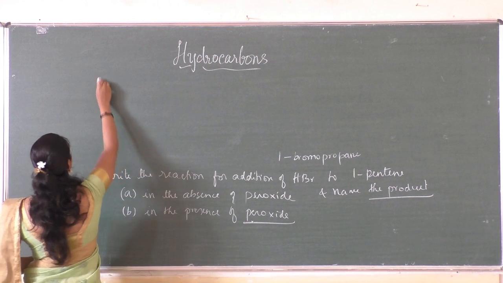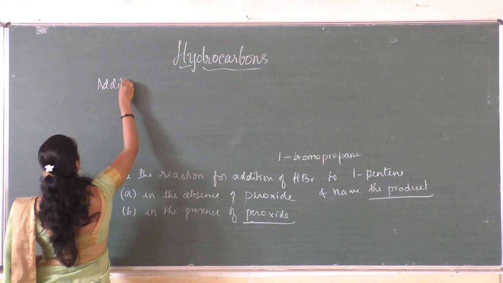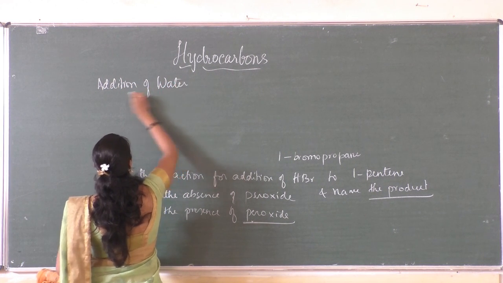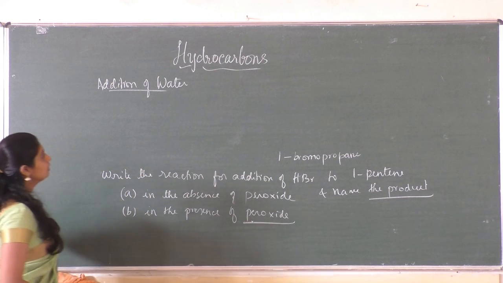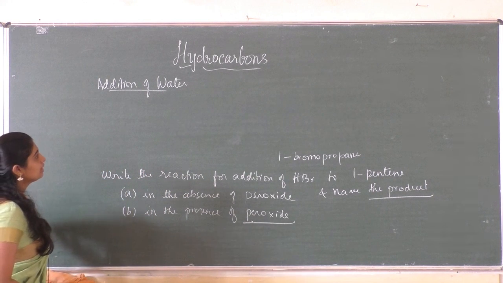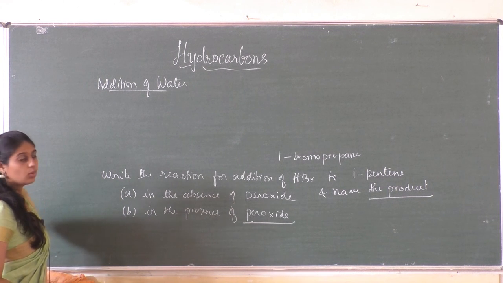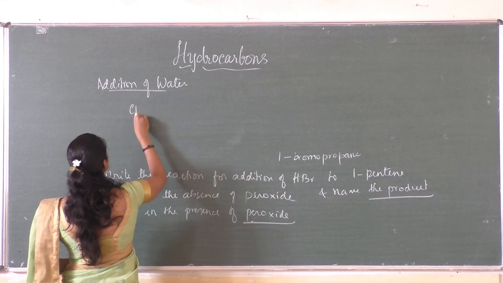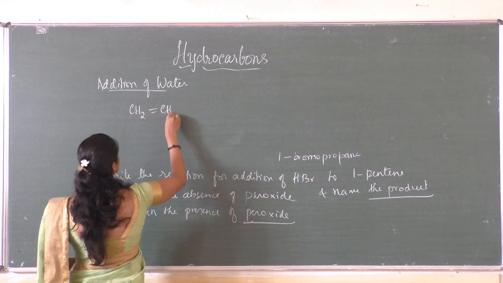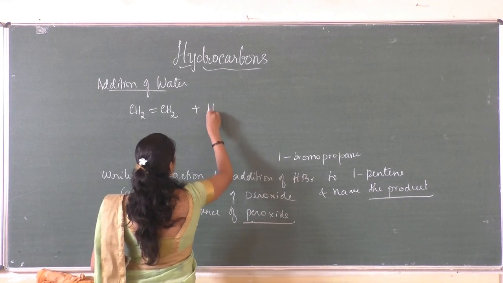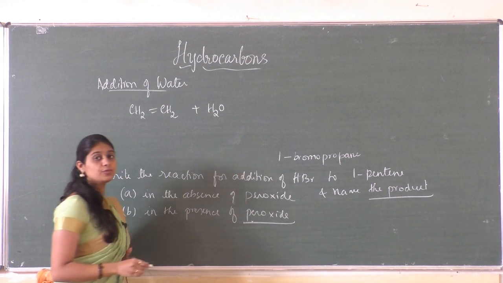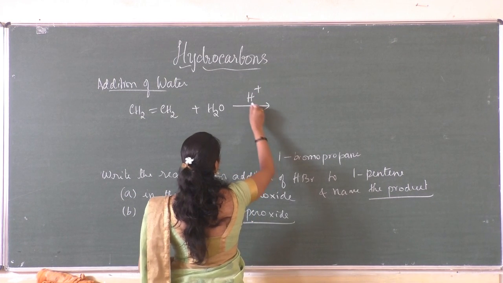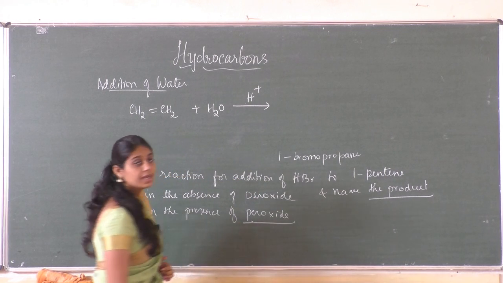So when an alkene, CH2=CH2, is added with water in the presence of a few drops of concentrated sulfuric acid, the presence of acid is a must, so I am writing an arrow mark, and above the arrow mark I am writing H+.